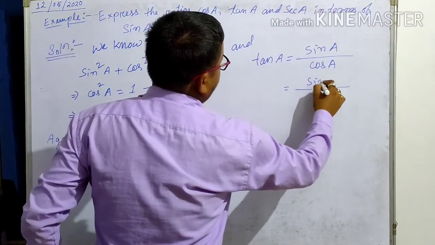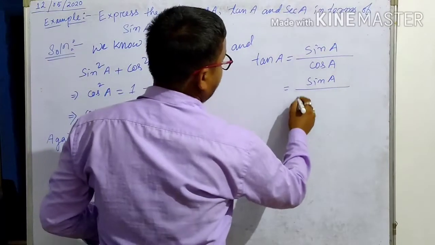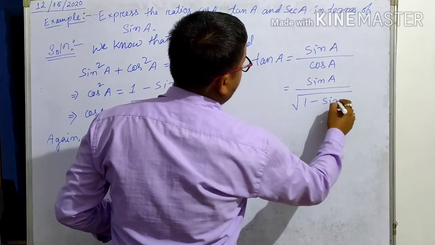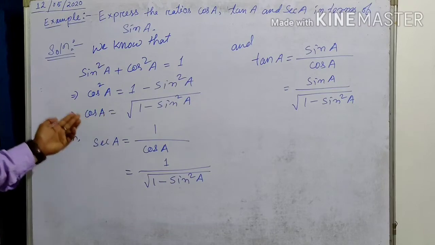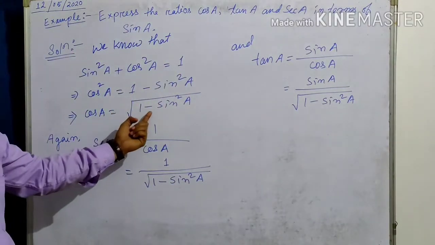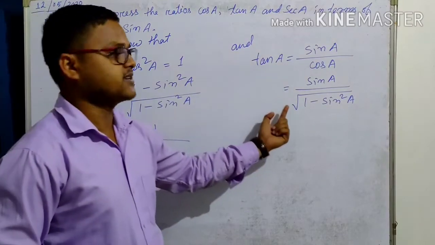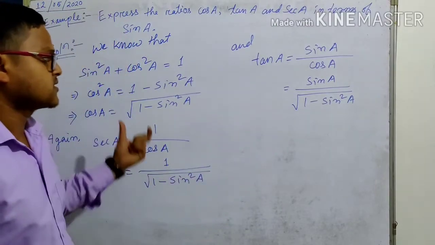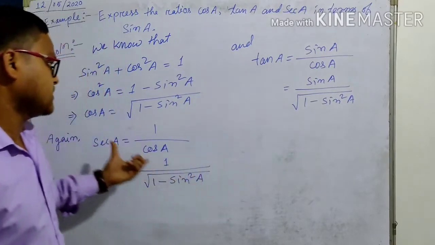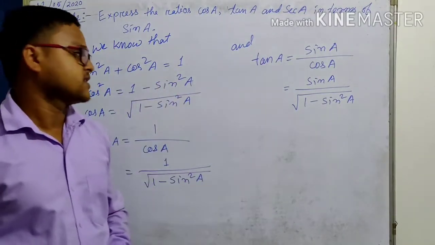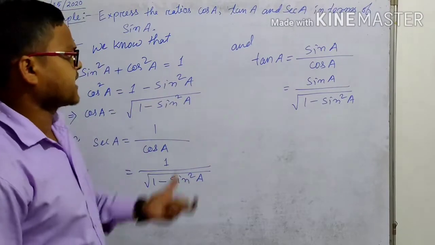So you write sin a the same, no problem, and cos a is root over 1 minus sin square a. So here cos a, sec a and tan a are all expressed in terms of sin. The question asks this, so our solution is done. Now the values are in terms of sin. Clear?